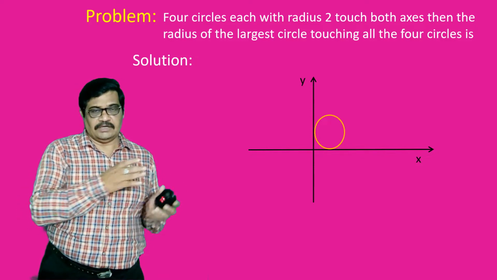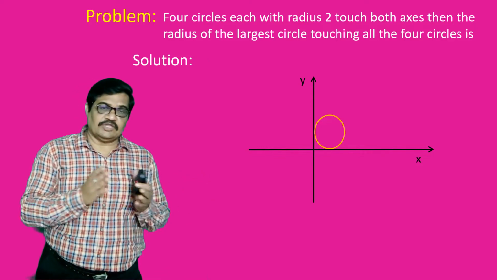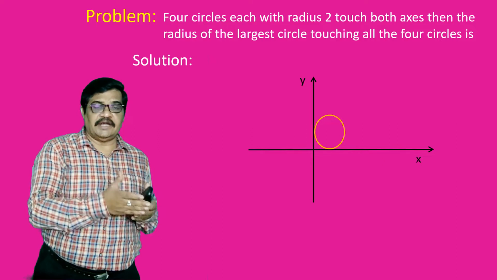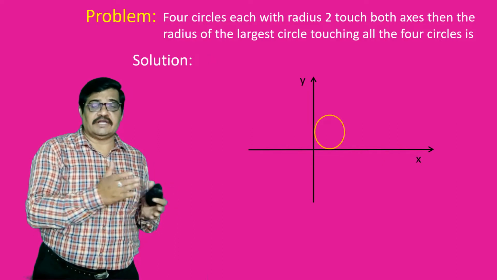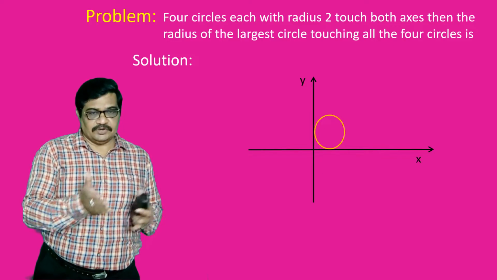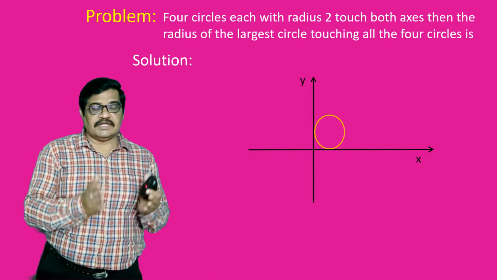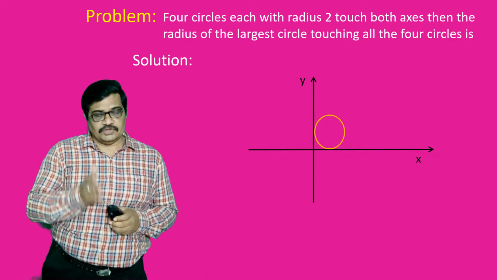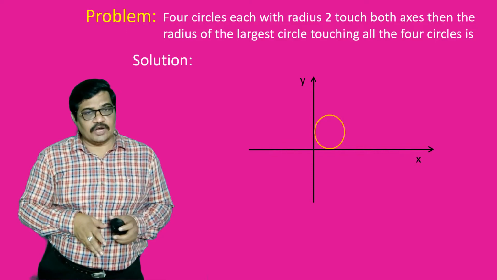We are discussing the concept: if the radius is a, then the center is (a, a). Here the radius is 2 units, so the center is (2, 2). This is the circle in the first quadrant.